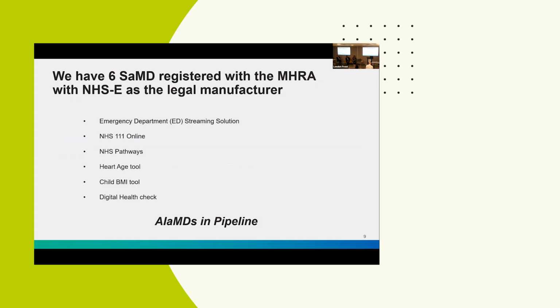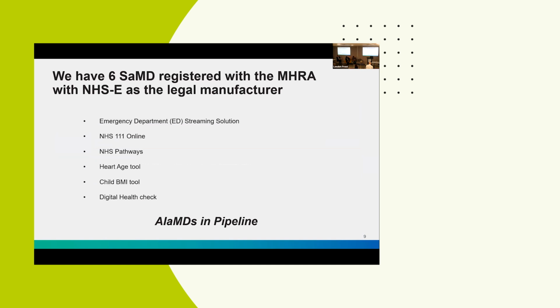Within NHS England, we act as legal manufacturer of some of these software devices, which we manage and nationally use products. Some of the examples are here. The product that underpins the telephonic 999 and 111 services, for example, is NHS Pathways, which is a registered medical device.